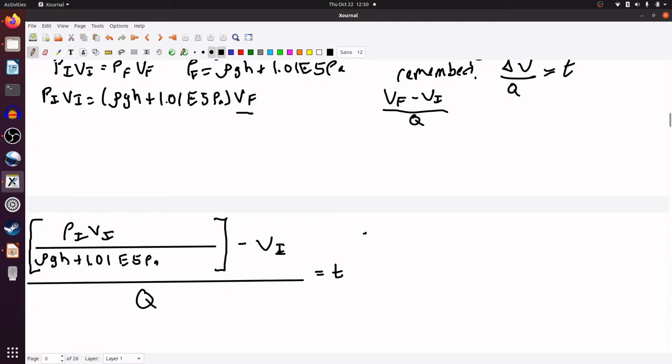All right, so PI is going to be 2.02 times 10 to the 7th pascals. VI was 0.015 cubic meters.